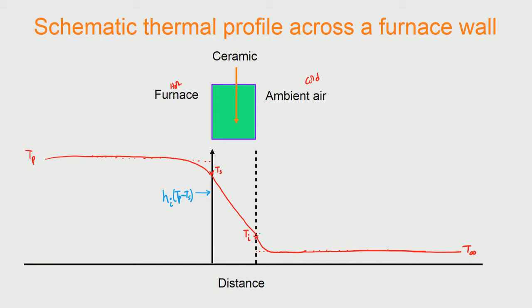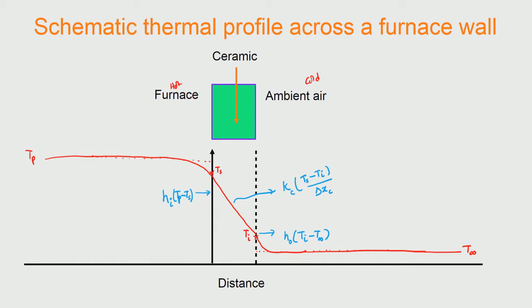What is going out from here is the heat transfer coefficient for the outer wall into Ti minus T infinity, and what is coming from one end of the ceramic wall to the other end would be given by K of the ceramic into Ts minus Ti divided by the thickness of the ceramic. So, we can then see that these three expressions should be matched if you want steady state, and that is how we can go about solving the wall temperatures for a given problem.